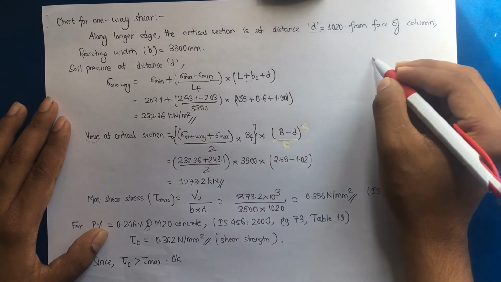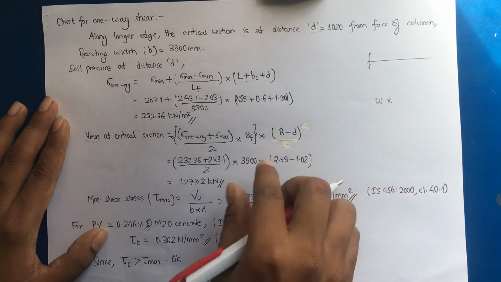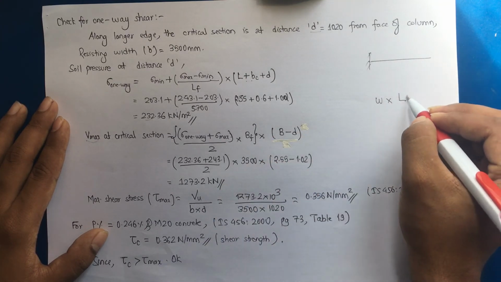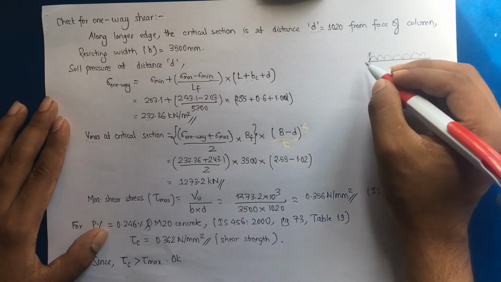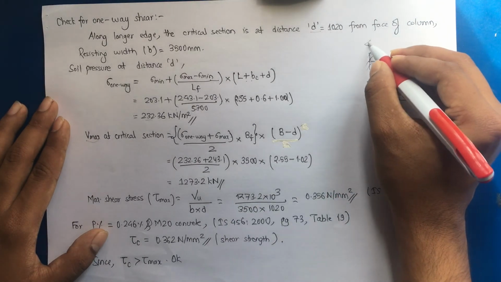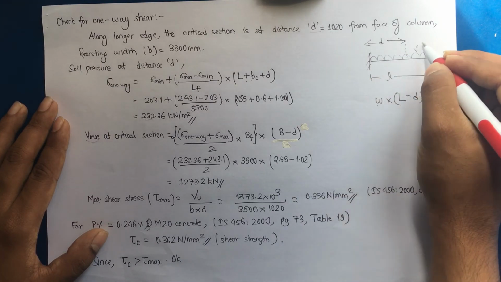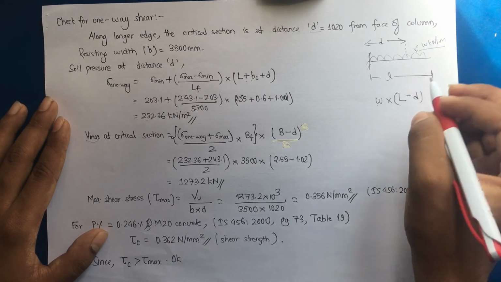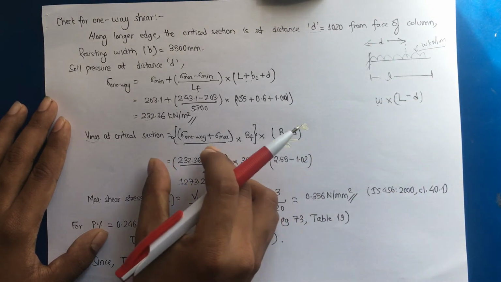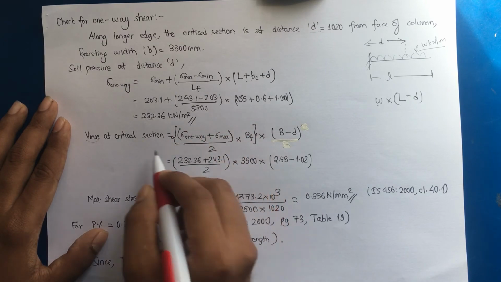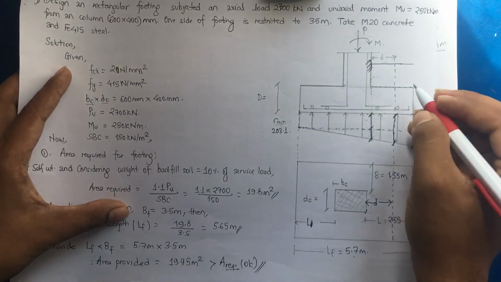Shear force for a cantilever beam is nothing but W into L minus D. So that means if this is a UDL, for now I am just assuming a UDL, and the span being L, if I have to find shear at a particular distance D along the span, then it will be W, which is nothing but the uniformly distributed load, UDL, so W into L minus D. So similarly W is nothing but UDL, because for now we'll take the average value.